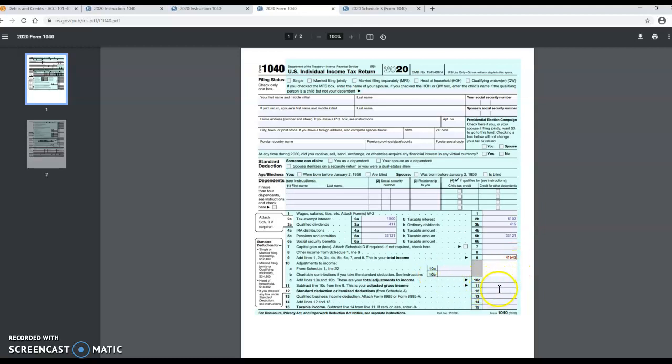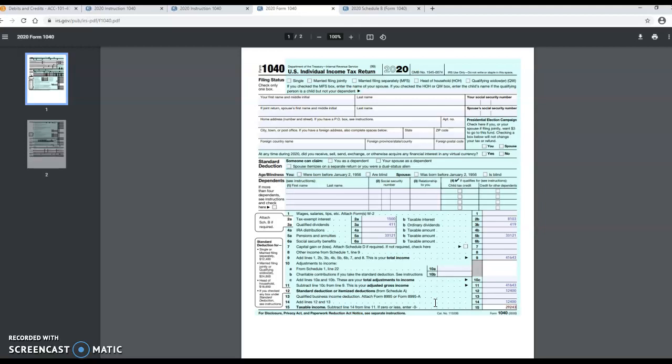Okay, she doesn't have any adjustments, so her AGI is also 41,643. Line 12 is her standard deduction. She's single, so we'll use 12,400. And we subtract that from the 41,643, and we get 29,243.